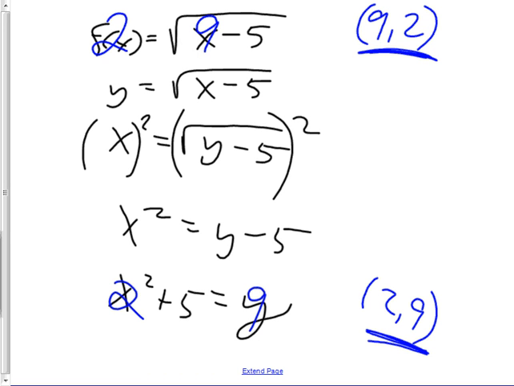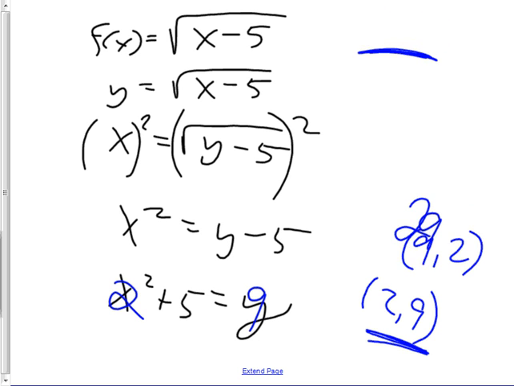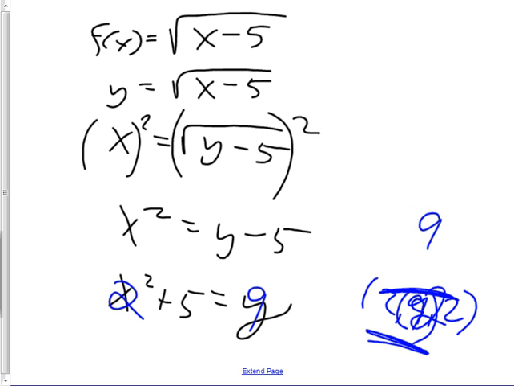All right. Now, let's go back for a second and say the domain. The domain is based on the domain and range of the original. So I go to this original and I say, what's your domain and range? I like doing it from a sketch. If it's the square root except shifted right 5, it would look something like that. Now the domain of that is not all reals.